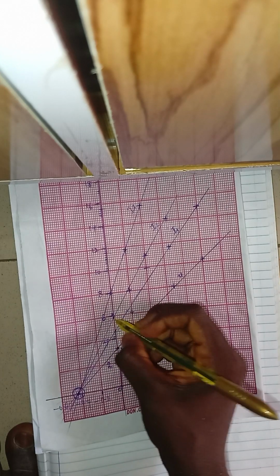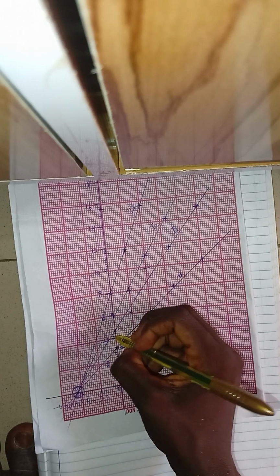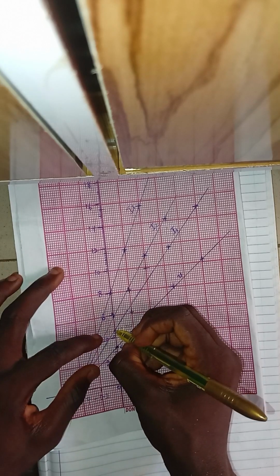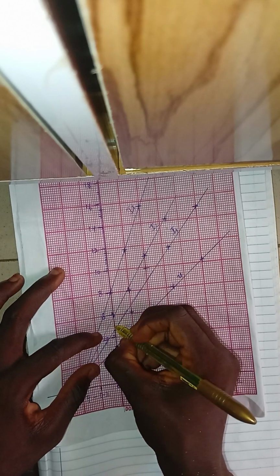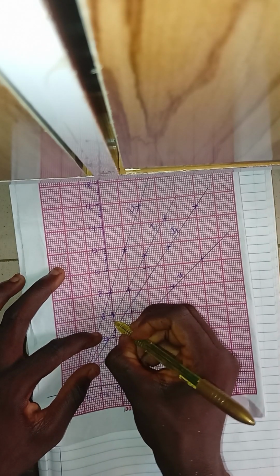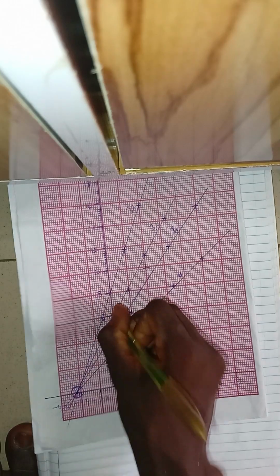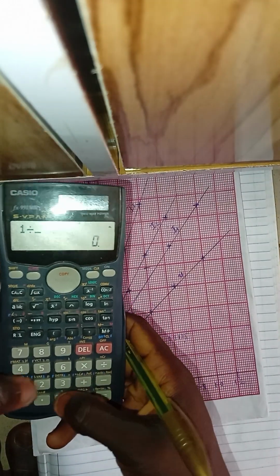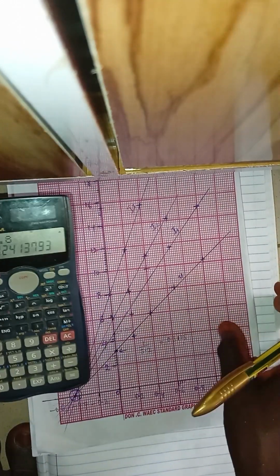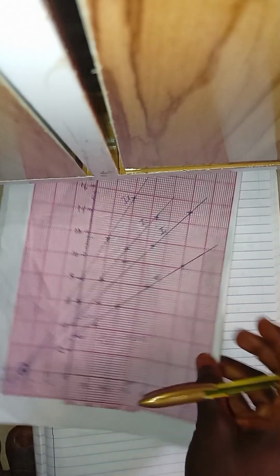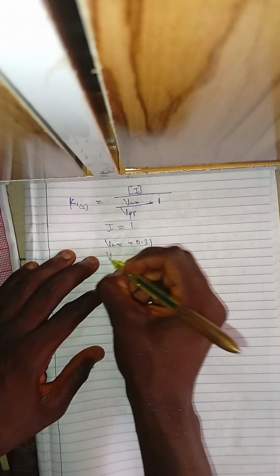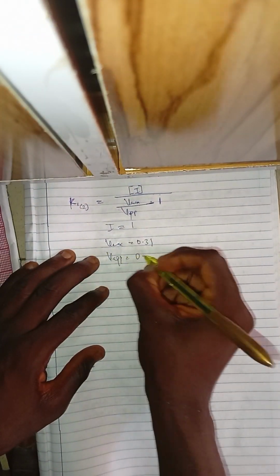So there is 4.2, 4.4, 4.6, 4.8, 5, 5.2, 5.4, 5.6, 5.8. So 1 divided by 5.8 will give us 0.17. So our apparent Vmax for the other one is 0.17.